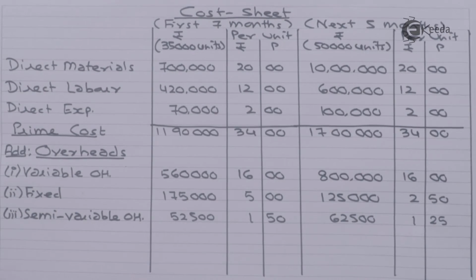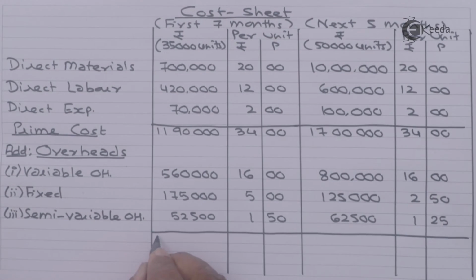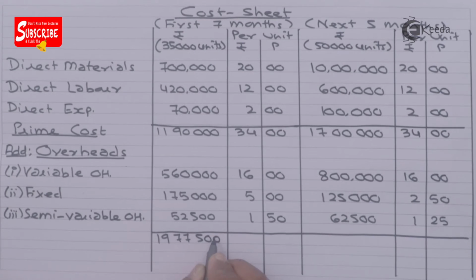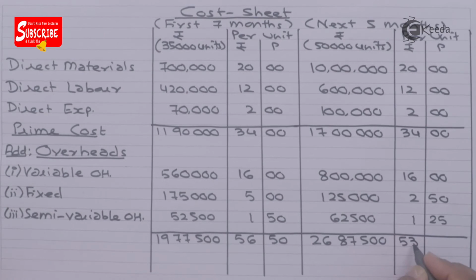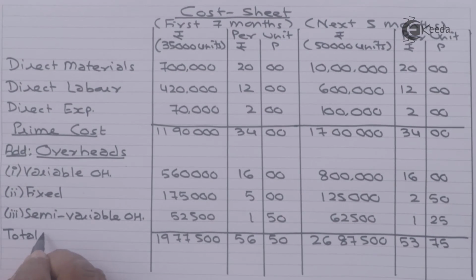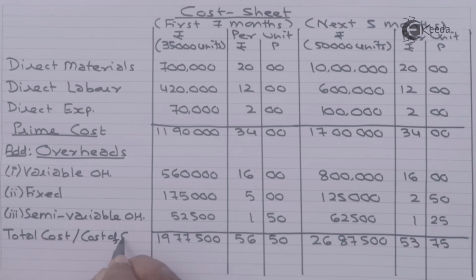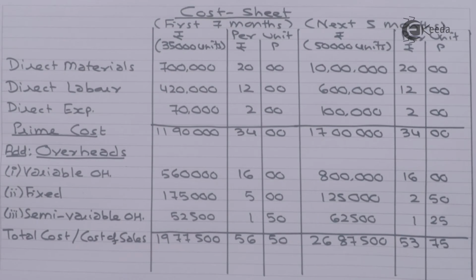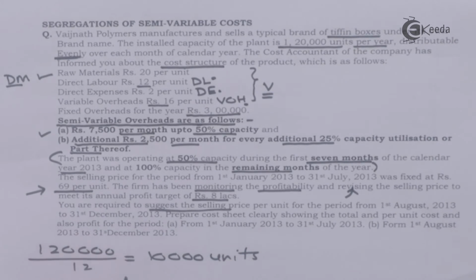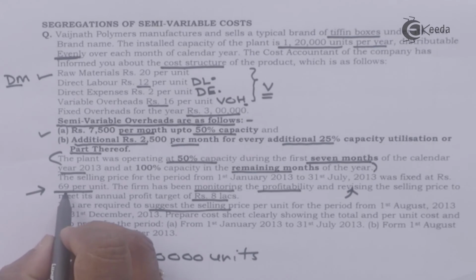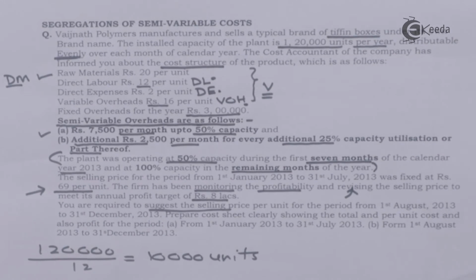So we have recorded all overheads, we can add them to get total cost. We have obtained total cost or cost of sales. We have now the selling price for the first 7 months. It is given in the question that the selling price during the first 7 months, January to July, is 69 per unit. Accordingly, we can calculate sales for the first 7 months.